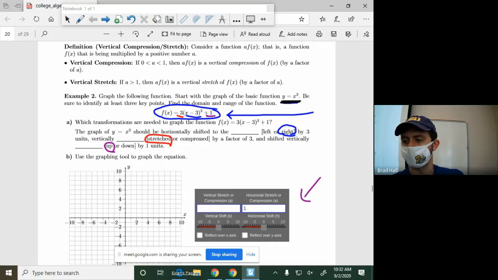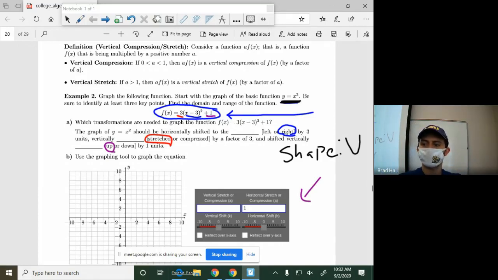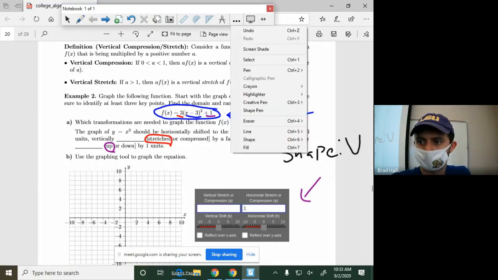So, if anything, we know that the shape is going to look like that. And there will be that illustration on the tool, and you click on it. And once you click on that shape, then this box will appear. And then we could start filling in everything one by one.